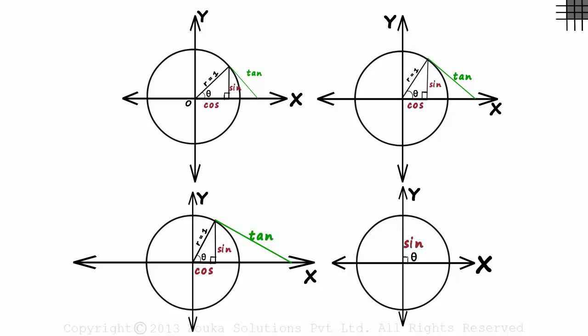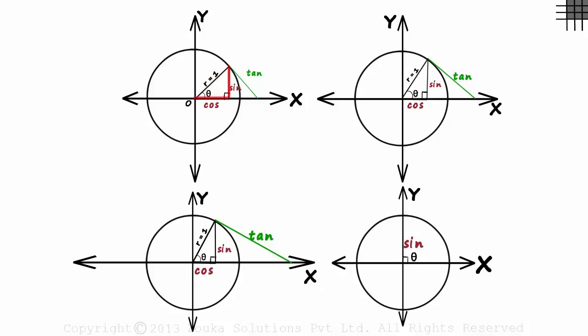There is another important result that the unit circle gives us. Observe all the triangles. They are all right triangles. So according to the Pythagoras theorem, the hypotenuse squared will equal the sum of the squares of the other 2 sides. The hypotenuse squared in every case is 1 squared, which is 1.